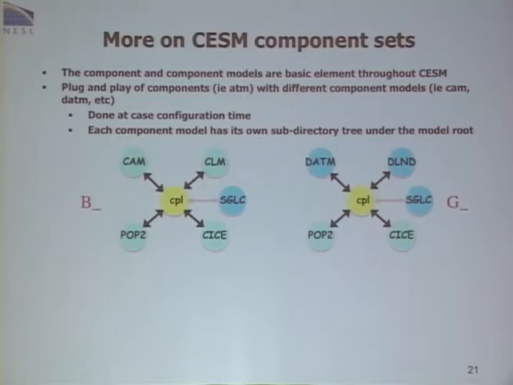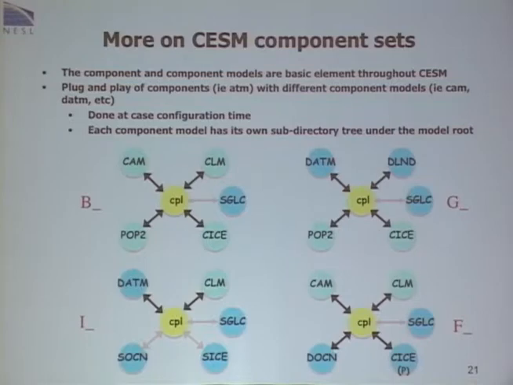G comp sets have only active ocean, I is only active land, and F is active land and active CAM. The FWX comp set and probably all of the comp sets in the works for WACCM-X are F comp sets. So that means it's pretty much just the land and the atmosphere that have active components. And then there are these prescribed data models being used in the ocean and the sea ice.